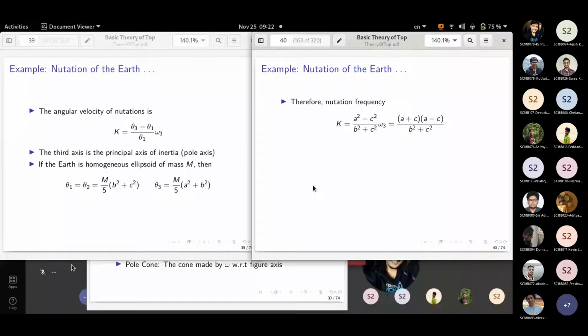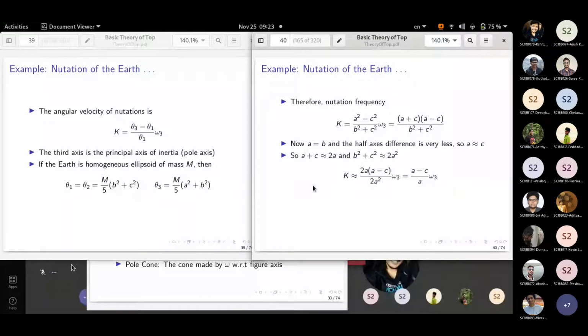So you have a plus c multiplied by a minus c divided by b square plus c square, and a and b are equal, and the difference between the half axes is very small. You could, in principle, assume a equals c only for the addition operation. Don't assume it for the subtraction operation, otherwise everything will become 0. So this is actually a very small number.